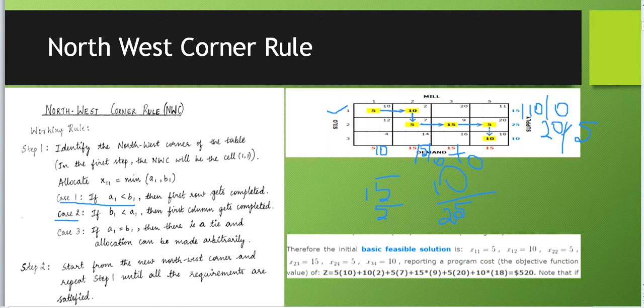Again, the allocation has to be done. The demand value is 15 and the supply value is 5. Among 5 and 15, I allocate 5 because it is the minimum value. Then 5 minus 5 gives me 0, and 15 minus 5 gives me 10. When your supply value is minimum, you move or traverse vertical.